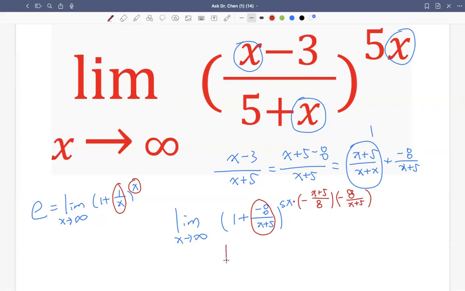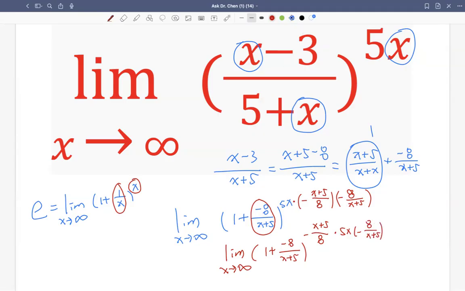Then let's rearrange, writing in the definition of the Euler number: 1 plus negative 8 divided by x plus 5, raised to the inverse of this term, which is negative x plus 5 divided by 8. Then, of course, we have to multiply by the rest, which is 5x times negative 8 divided by x plus 5.